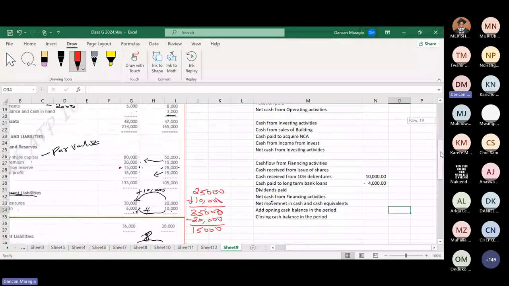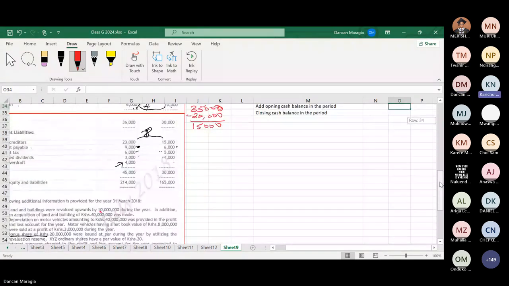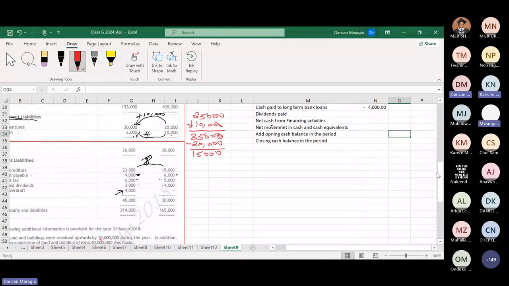And the closing? Negative 4 million. So you see that 3 million, closing should give us negative 4 million. So what was the net movement in cash and cash equivalents? Minus 7 million.